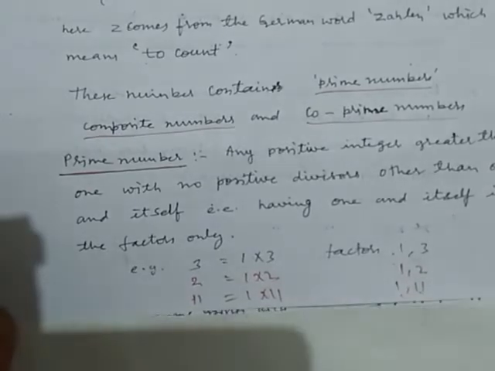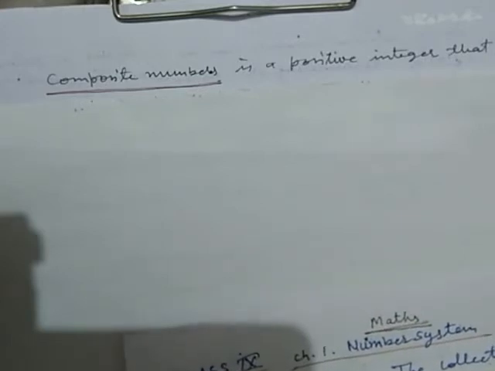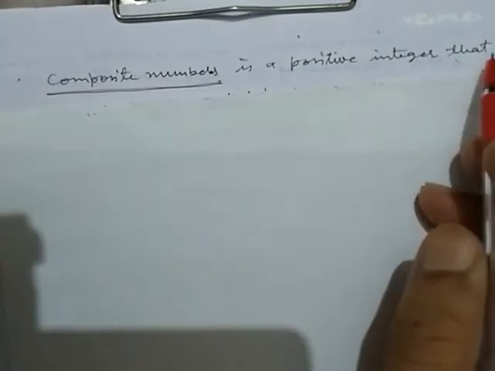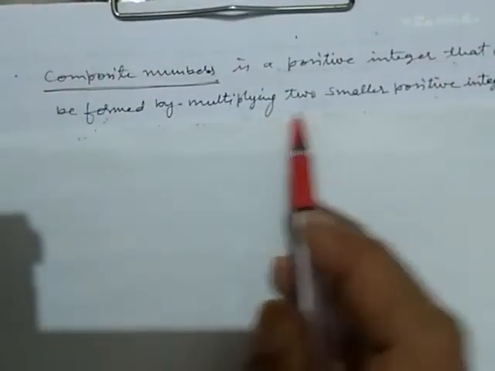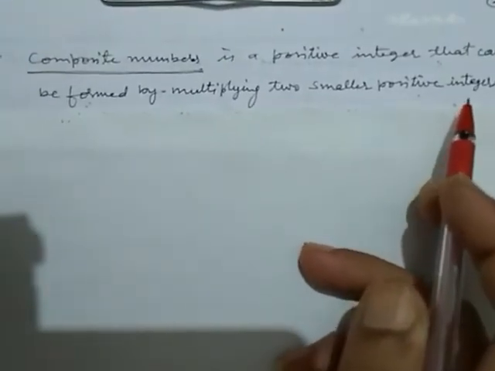Now we take other types of numbers. Composite numbers. What type of numbers are composite numbers? A composite number is a positive integer that can be formed by multiplying two smaller positive integers.